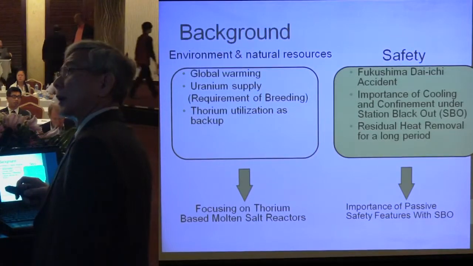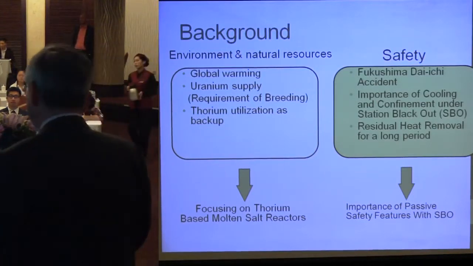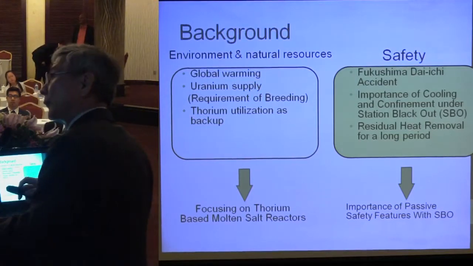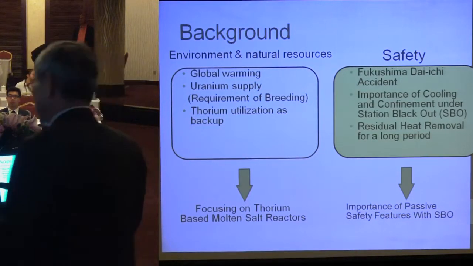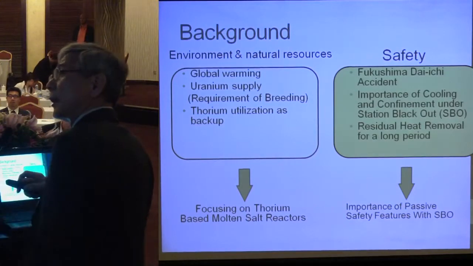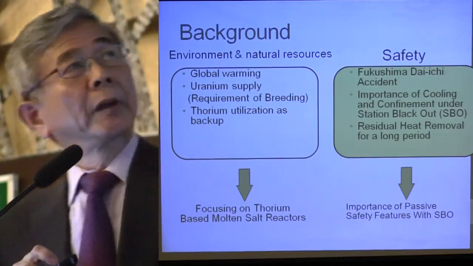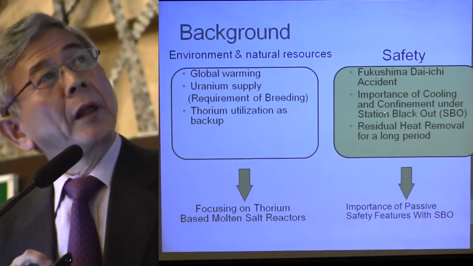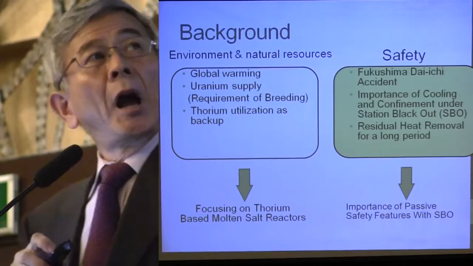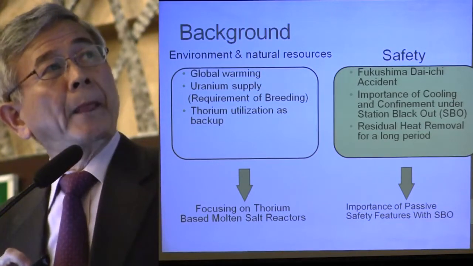And the other one is safety. I think you all know that the Fukushima Daiichi accident was a very disastrous accident. And it tells us the importance of cooling and confinement of fission products under station blackout.